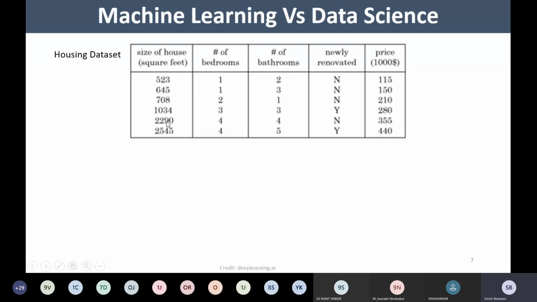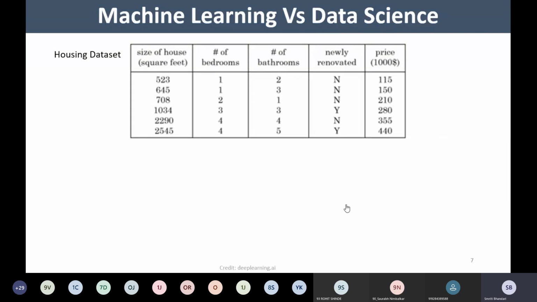In this typical example of a housing data set, we have seen that if we combine the first four columns of this table, then these four columns are actually describing the house.